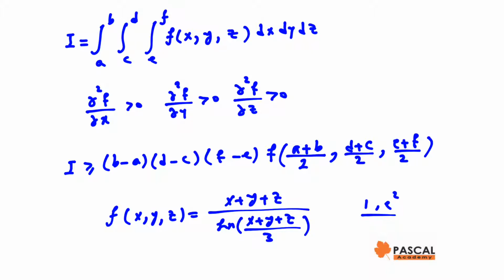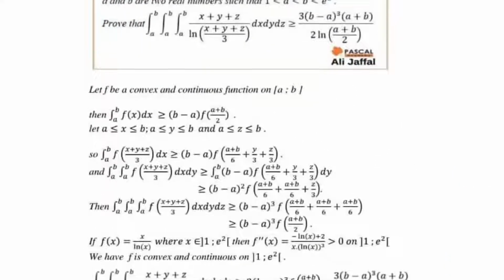And if we rewrite inequality star for that, we have I greater than or equal to (b − a)³ times F, where instead of x, y, z we put (a + b)/2. Then the numerator would be 3 times (a + b)/2, and the denominator would be ln((a + b)/2), which is the same as 3(b − a)³ times (a + b)/2 times ln((a + b)/2).